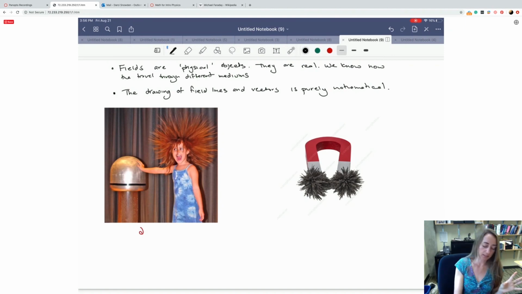So there are no lines in space, okay? It's not like the magnetic field is only existing on particular lines that are traveling through space. The field is continuous and everywhere, just like a fluid.